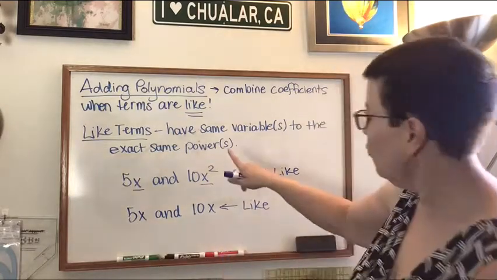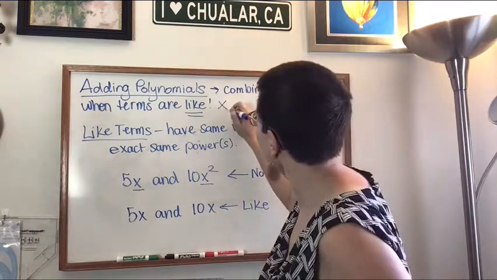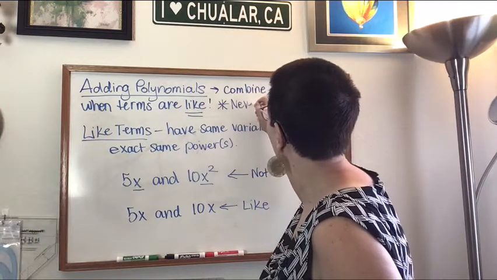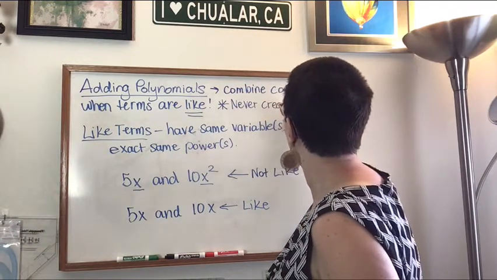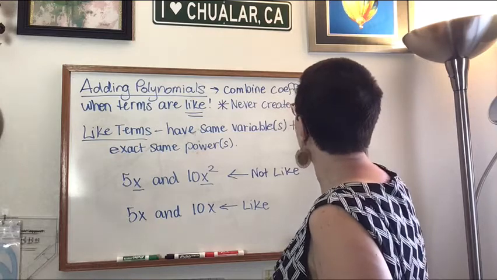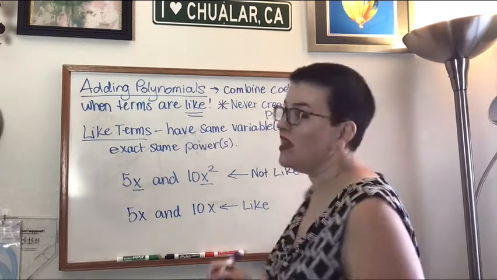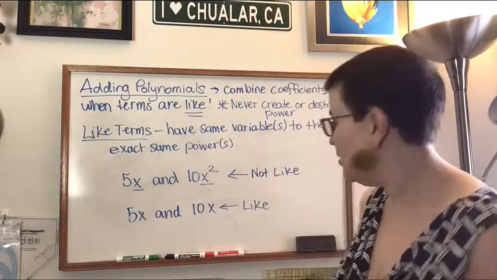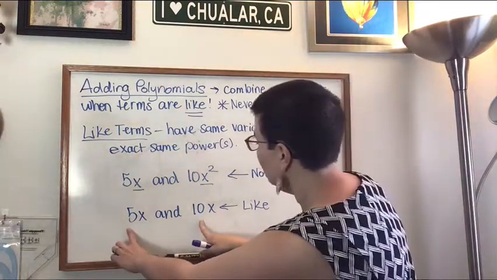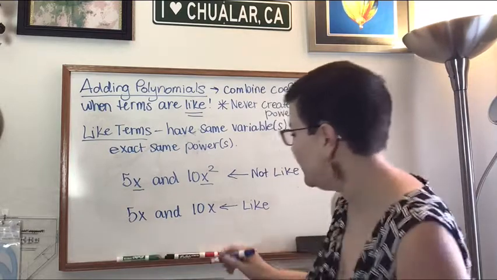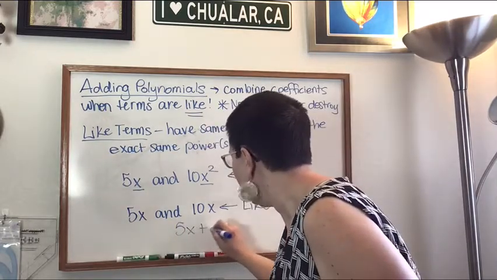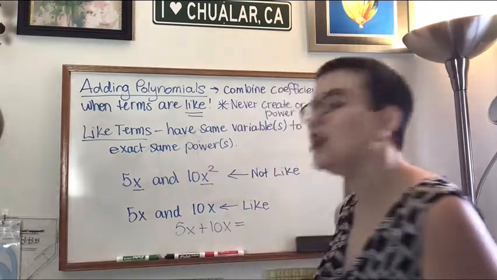Now, what happens here is we aren't going to change the powers. So when we do this, the only thing that will change are these front numbers. When I take 5x and 10x, and I add them together, it's a collection.